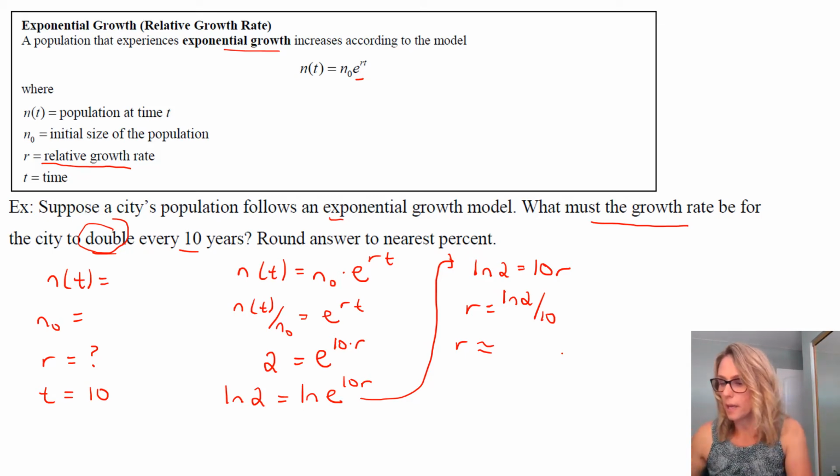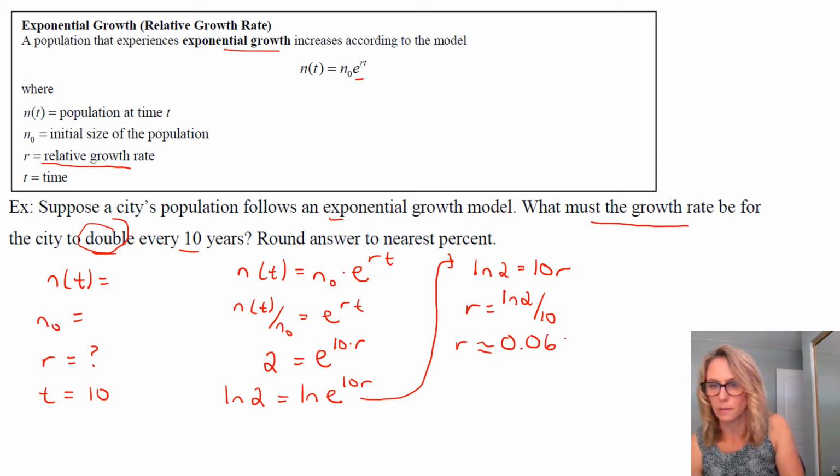And it looks like you should get, if you did it correctly, 0.0693. Now, as a percent, that is 6.93%, multiplying that by 100. So because of that, we want to round the answer to the nearest percent.